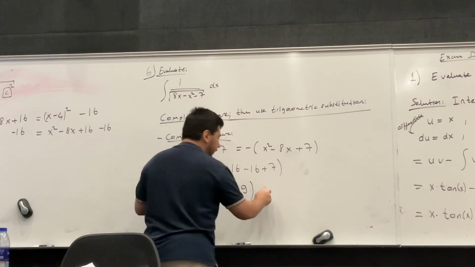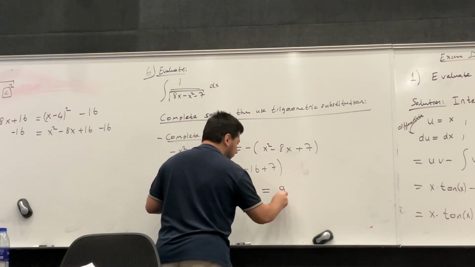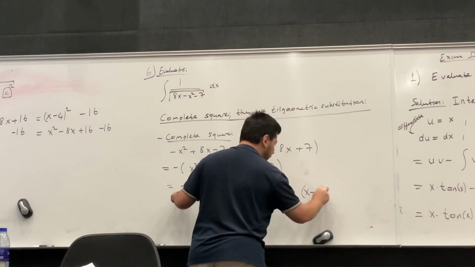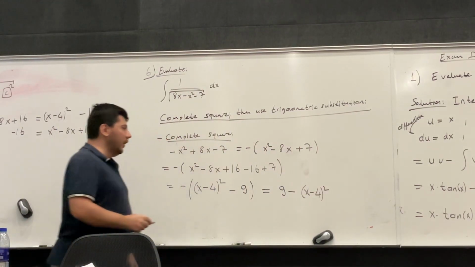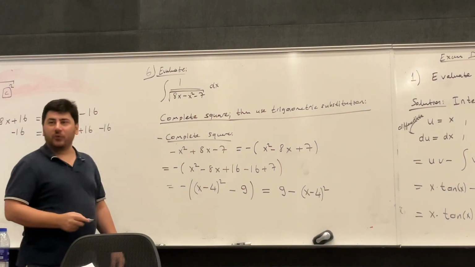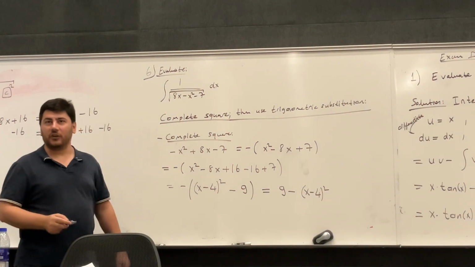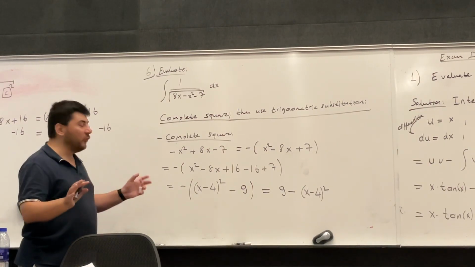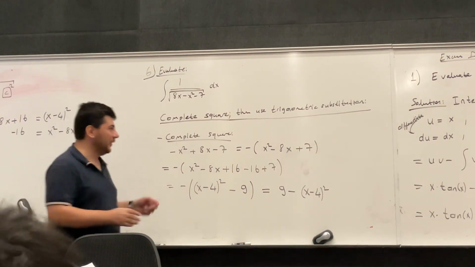If I distribute this negative over, this will be 9 minus x minus 4 squared. Is this in the desired form? Square minus square. No, we need to do substitution. Now we can do trigonometric substitution.